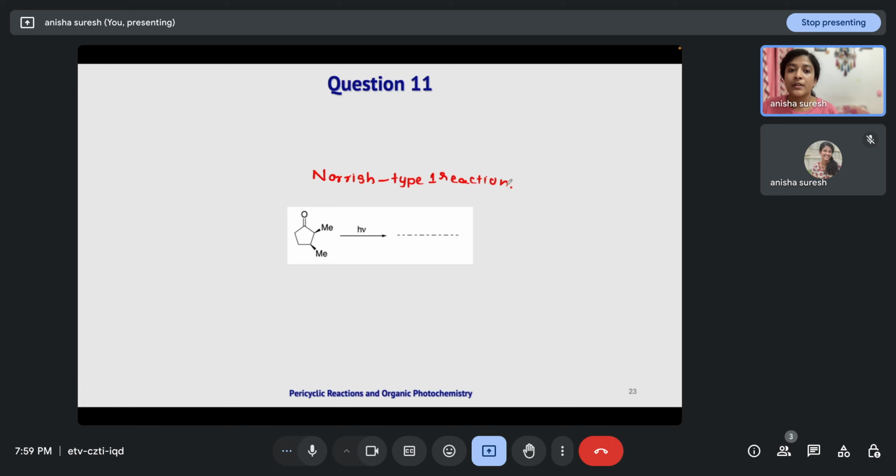reaction. So in this case, first an alpha fragmentation reaction will be taking place as the primary process. Okay, so how it will be? Here an alpha fragmentation will be taking place. So since this will be leading to formation of a secondary radical, the fragmentation at this position will be favored rather than at this position, where it will lead to formation of a primary radical which will be less stable.